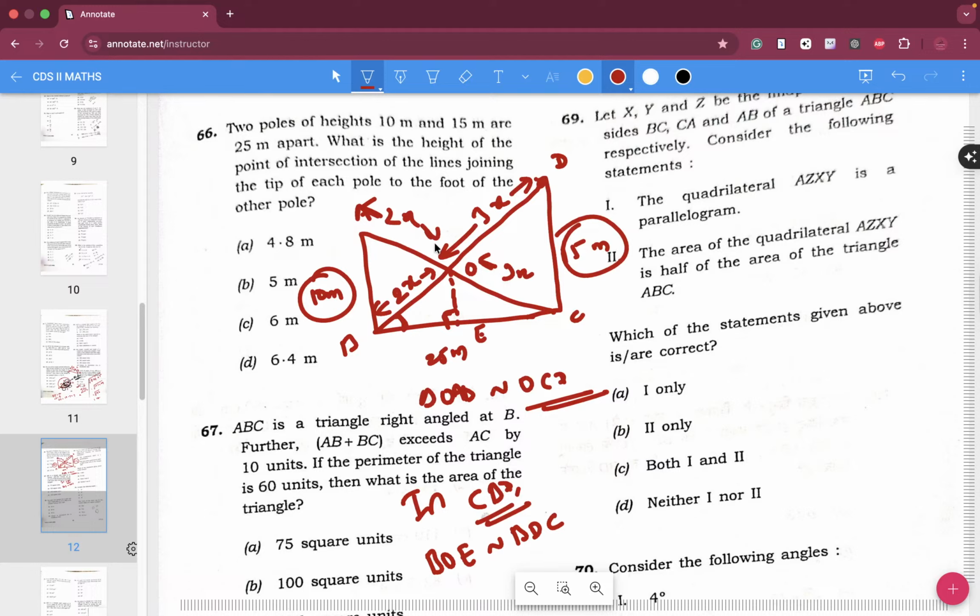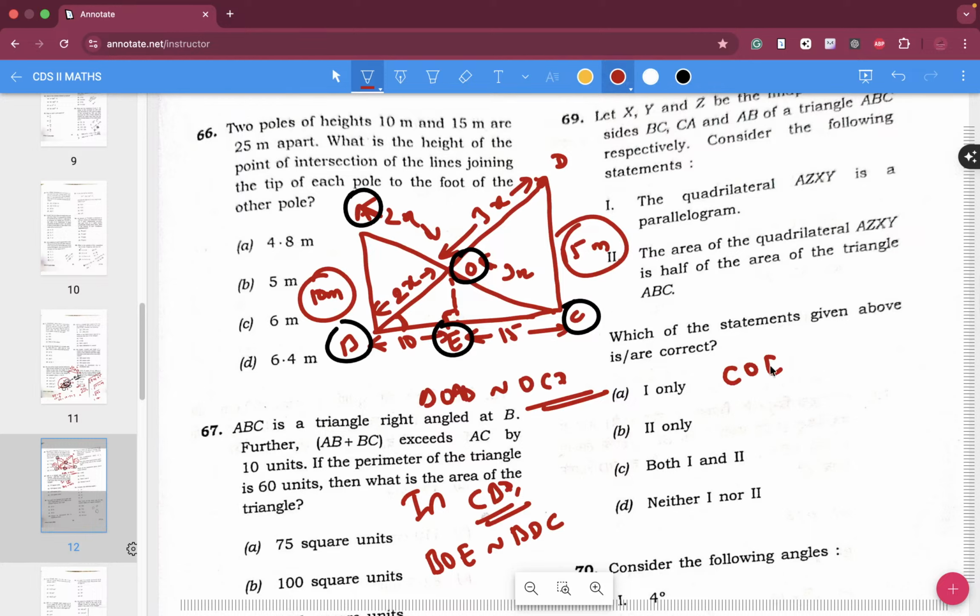Which means this particular value over here is going to be 10 and this particular value is going to be 15, right? So now we have to think of the triangle COE and CAB.